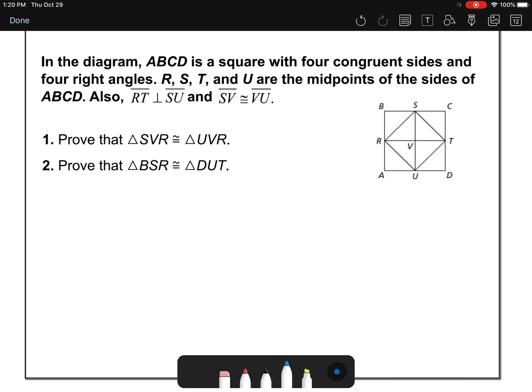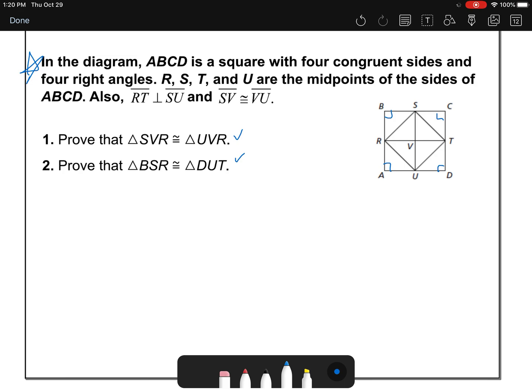So if we're going to prove these 2 triangles, then we need to slow our roll a little bit and go through what the statement says. First of all, ABCD is a square with 4 congruent sides and 4 right angles. So that means that A, B, C, and D are all 90.